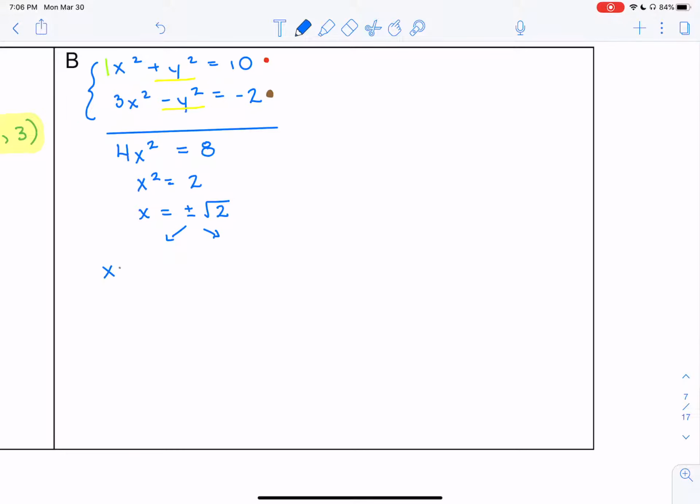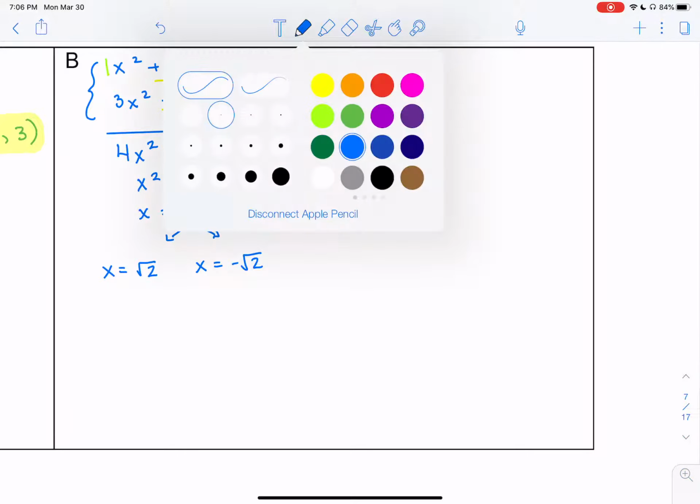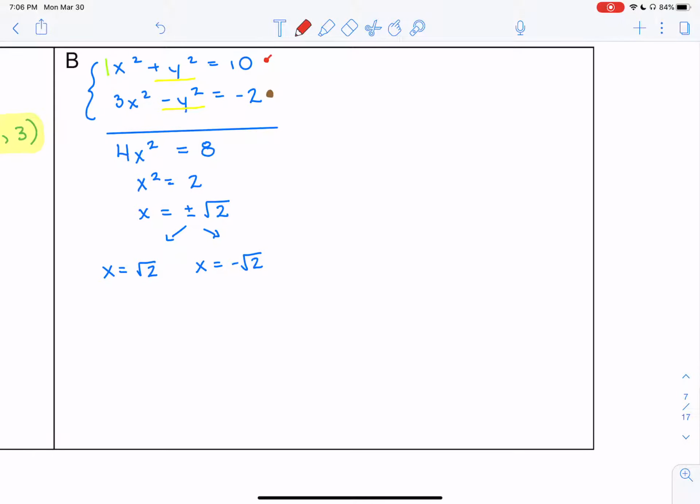It means x is the square root of 2, and x is the negative square root of 2. Now that I have those 2 solutions, I'm going to plug both of them in separate times into an original equation. I think I'll use the first equation. Okay, and I'm going to plug in x is square root 2.